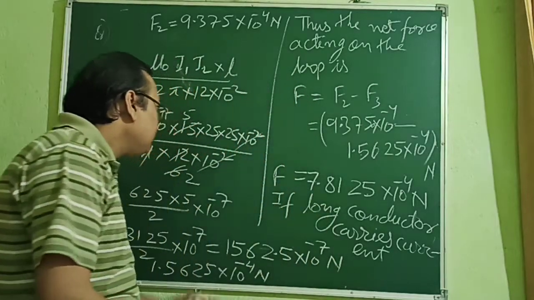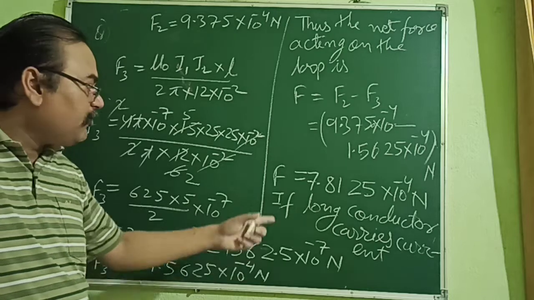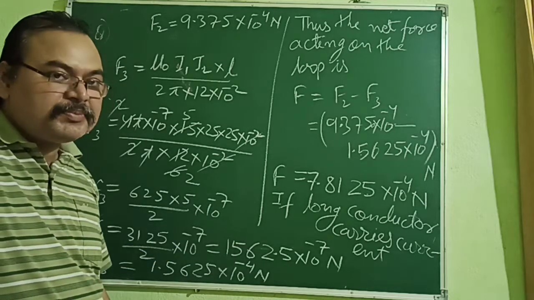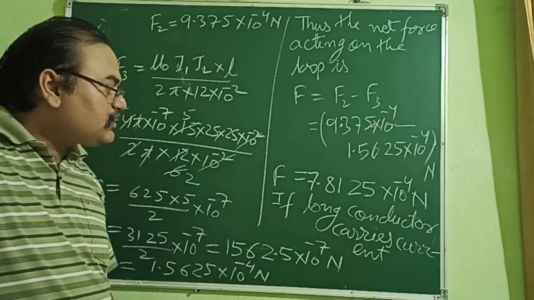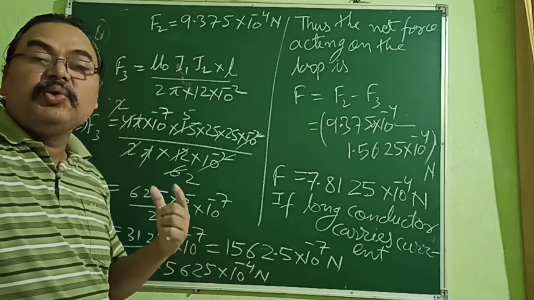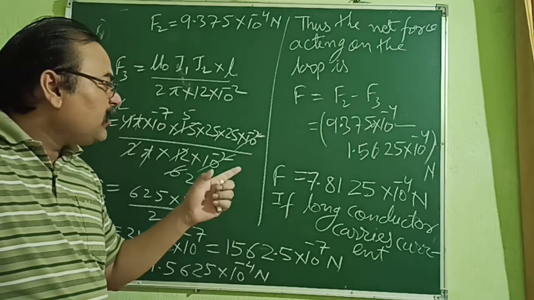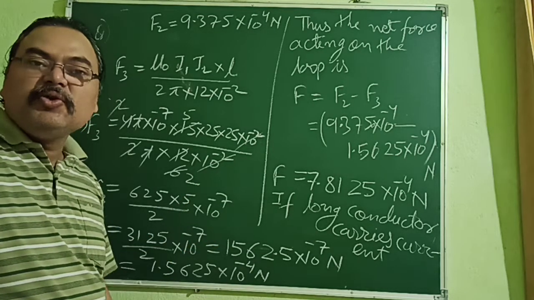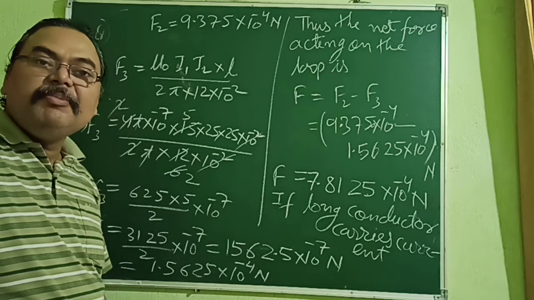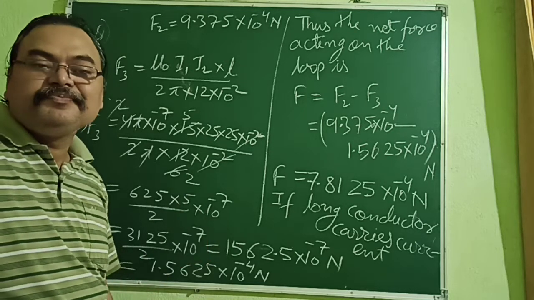If the long conductor carries current along the direction of current through AB, then the net force on the loop will be towards the long conductor.